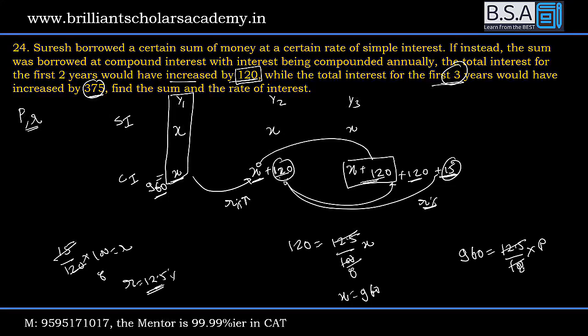So cancel, cancel 8, cross multiply 0, 8 carried over 4, 7,680. R is equal to 12.5% and P is equal to 7,680 rupees. Take your time. Did you understand the 120 part?